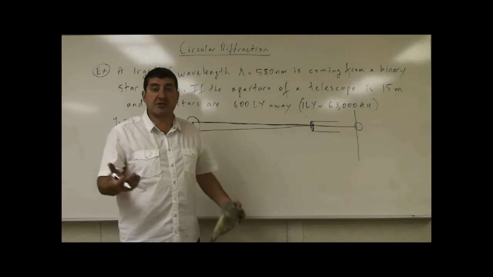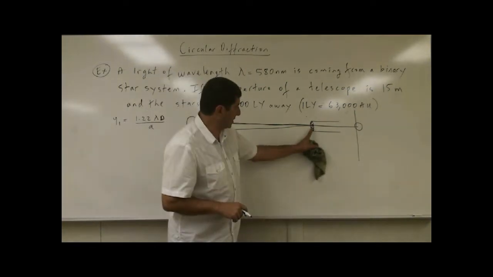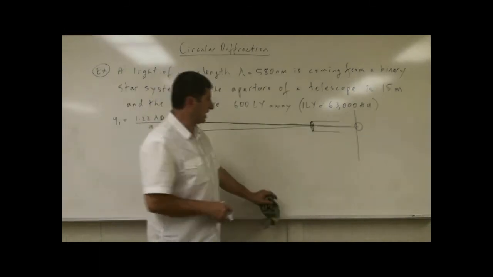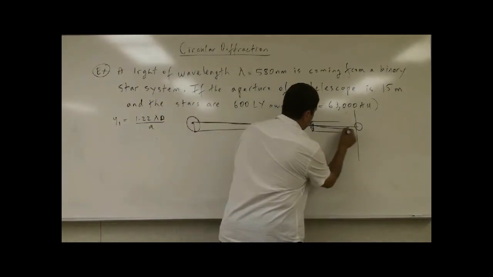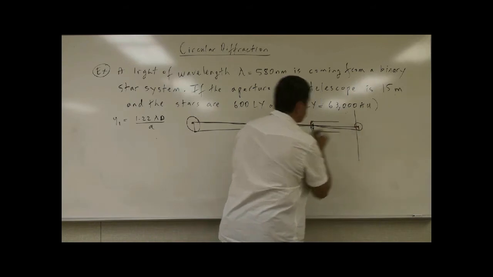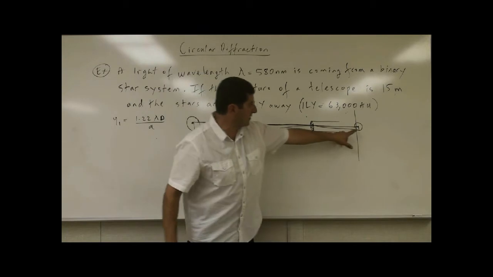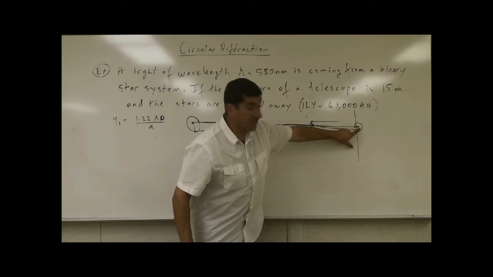We could have also done this about our eye. This could have been our cornea, and this would have been our retina. So the concept is the same, and from here to here, these are similar triangles. In the previous problem, we were concentrating on how big the image is.